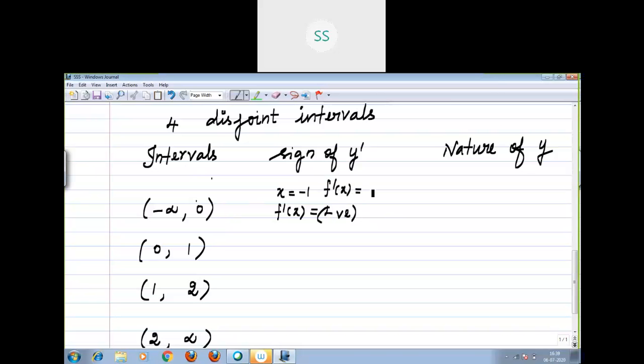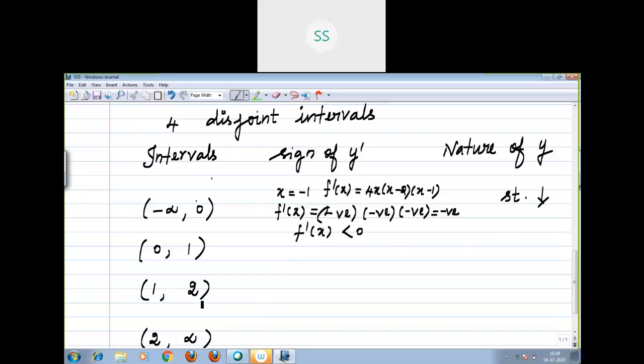F dash of x equal to 4x into x minus 2 into x minus 1. Now, second bracket, when you substitute x is equal to -1, again you get it as negative. Third also, again you get it as negative. Your answer is negative. So, f dash of x is less than 0. F dash of x less than 0 means what is your nature of the function? Strictly decreasing. Here you come 0, comma 1.